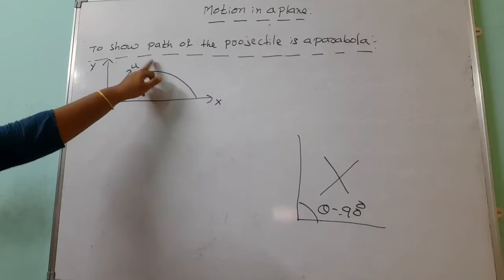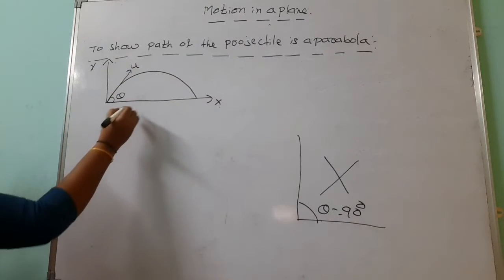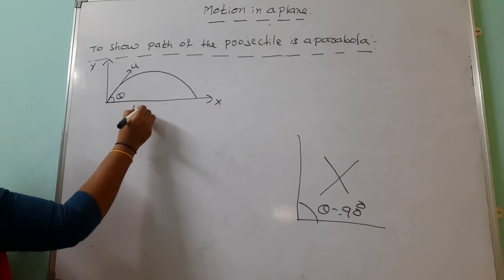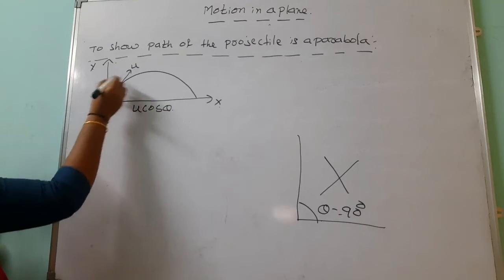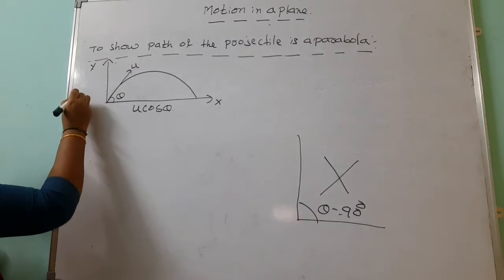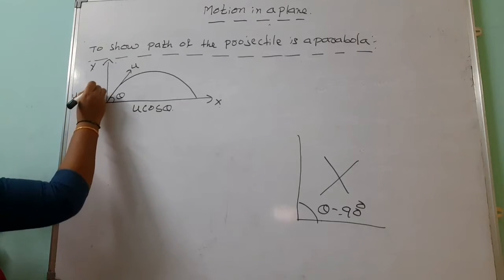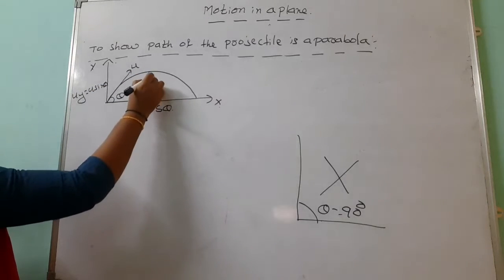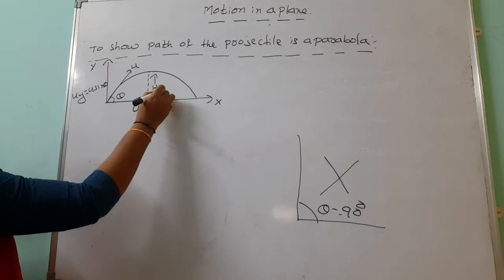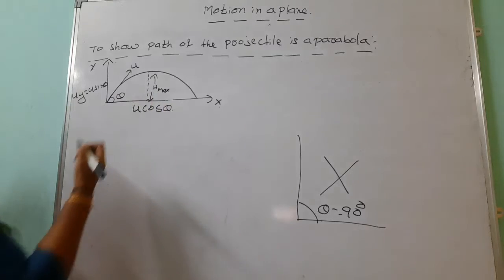Velocity is a vector, so it is resolved into two components. Along the x-axis, velocity is u cos theta, from the resolution of vectors. Along the y-axis, uy equals u sin theta. This is the maximum height.